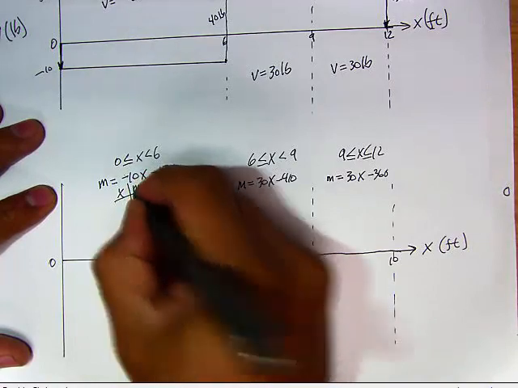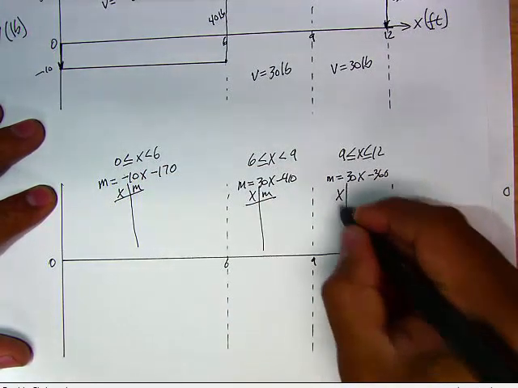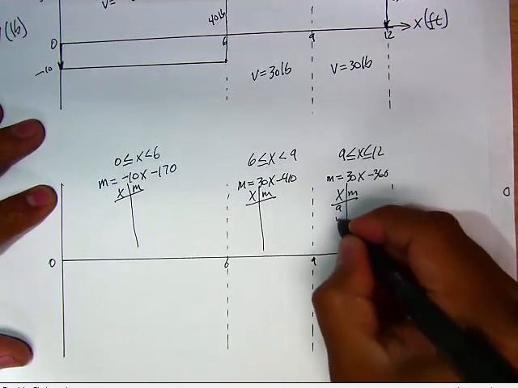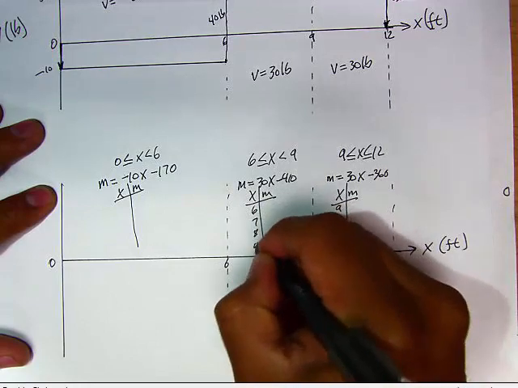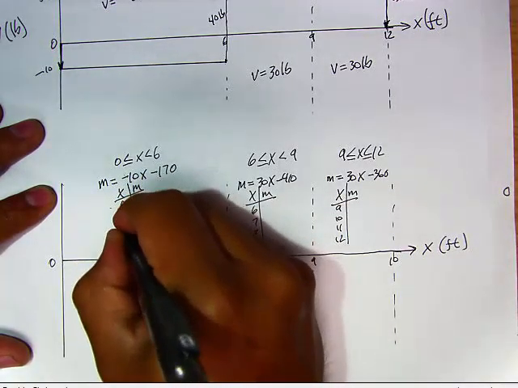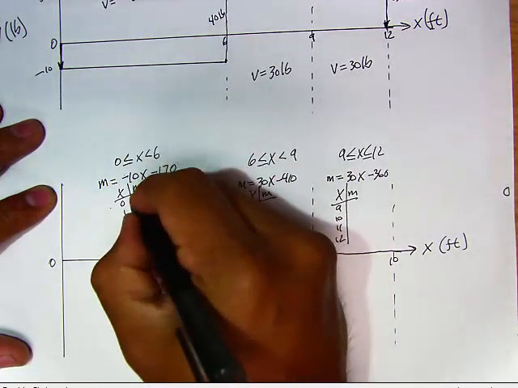X, M, and X, M. This is 9, 10, 11, and 12. This is 6, 7, 8, and 9. And this over here is 0, 1, 2, 3, 4, 5, 6. And these are its values.